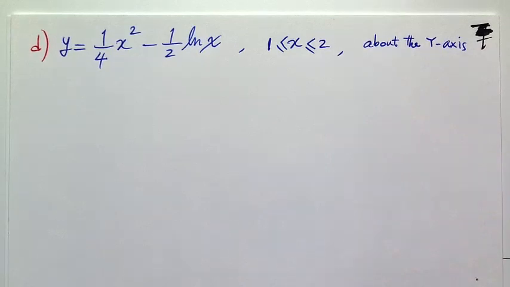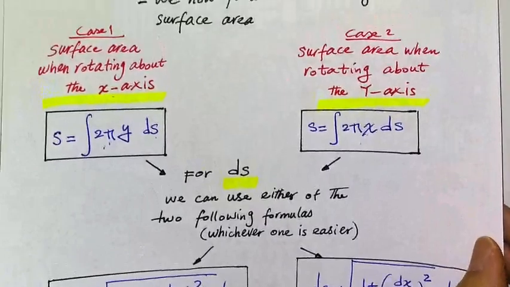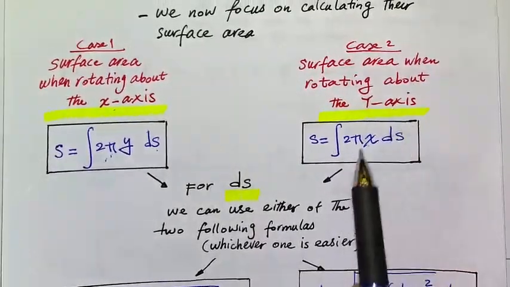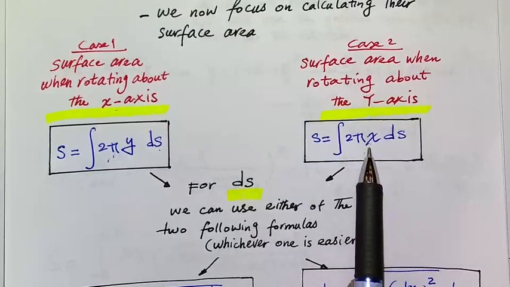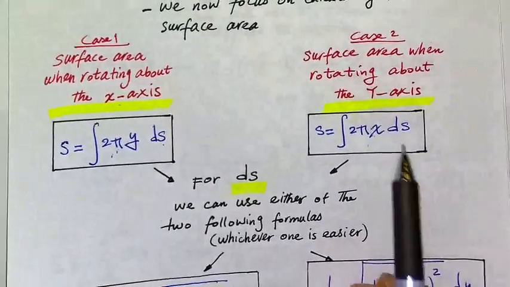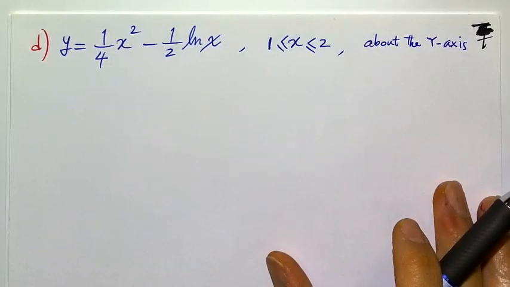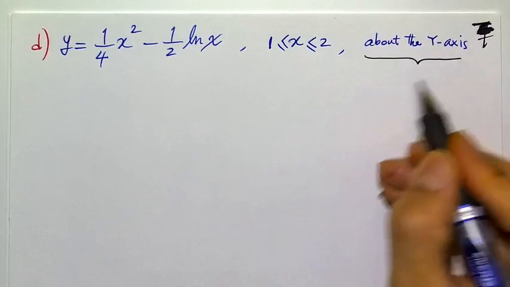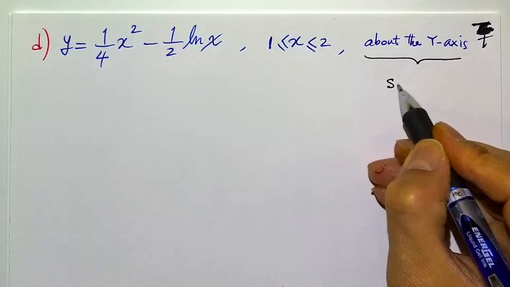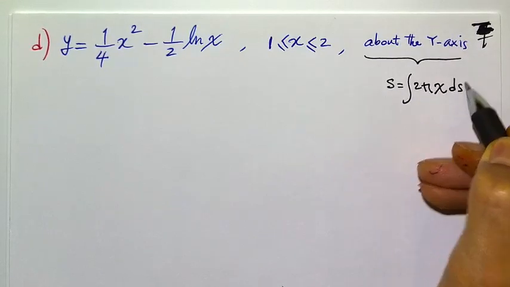So remember that on that first slide, if we're rotating about the y-axis, then this is our formula. S equals 2 pi x ds. And then, of course, for ds, we can pick whichever one makes sense. So let me make a note of that. We have, for this, 2 pi x ds.